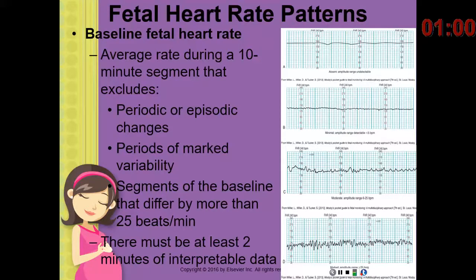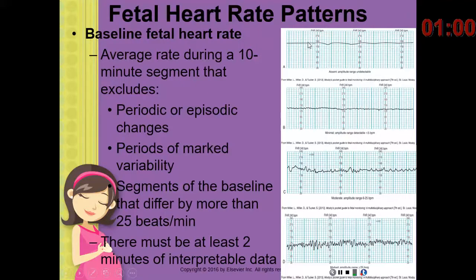So its heart rate doesn't ever stay straight like this. It's not supposed to stay straight. It should be up and down, moving around like this. The up and down moving around is called variability. Variability is the first thing that we really look at in a strip.